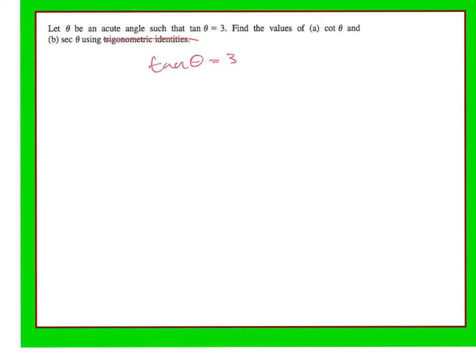Well, what's my adjacent? 1. How's it 1? You can make anything a fraction by putting a what under it? A 1 under it. So we're going to put a 1 under it. All right? So if I have a theta right there, what would be my opposite? 3. My adjacent would be 1.